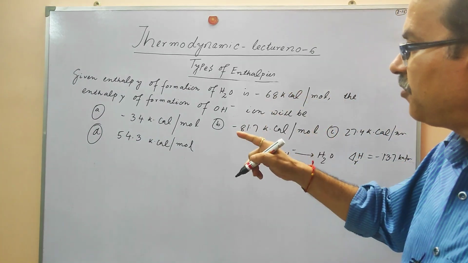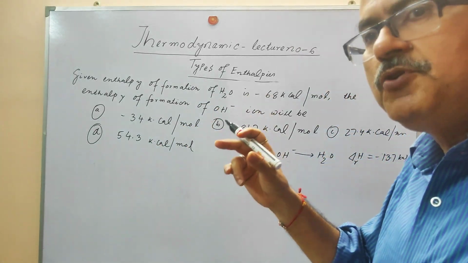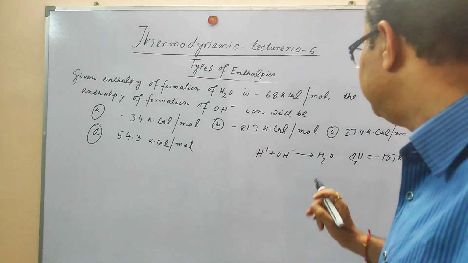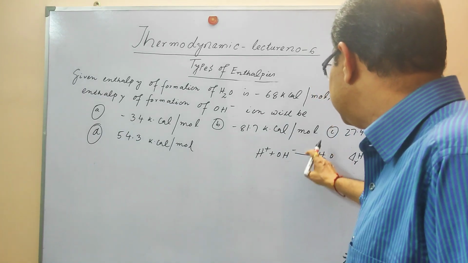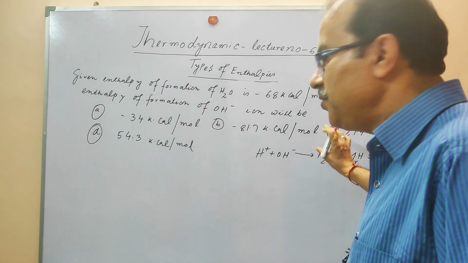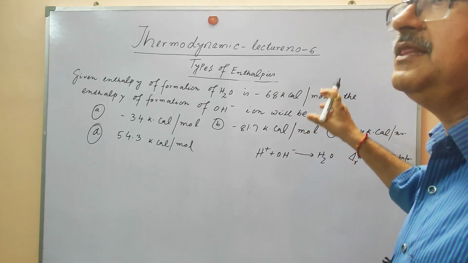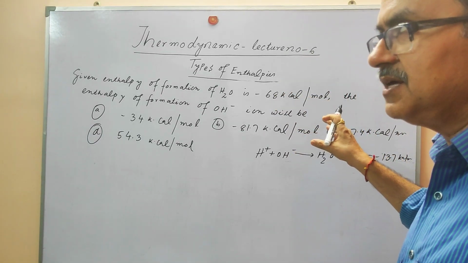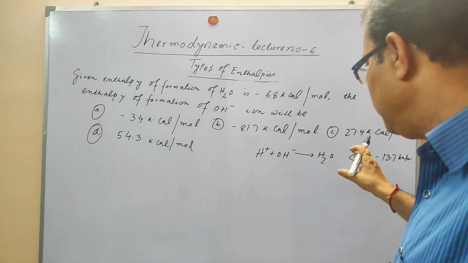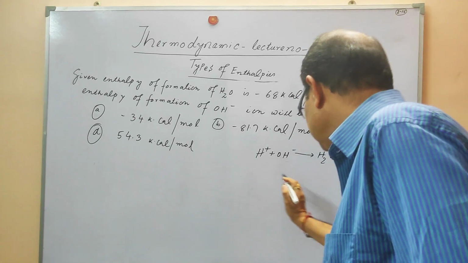From the enthalpy of formation, we can also calculate the enthalpy of the reaction. How? When we know the enthalpy of formation of the products and the enthalpy of formation of the reactants, from this we can calculate the enthalpy of the reaction. Let's see.